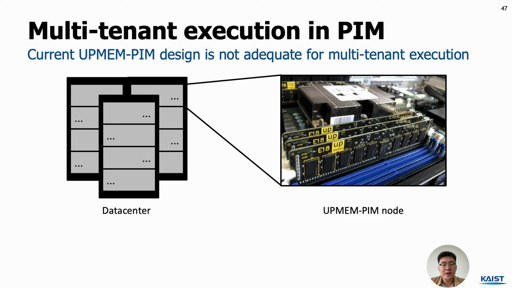Another feature we believe will be critical in future PIM architectures is the support for multi-tenancy. Multi-tenancy is one of the most important features for processors to provide for cloud deployment, as it helps better saturate the processor's compute and memory resources, reducing its total cost of ownership.